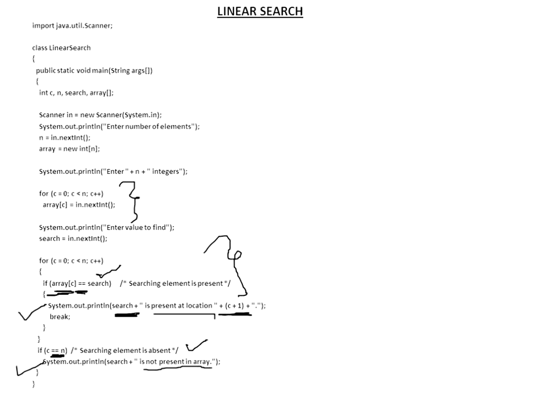If C is equal to N, searching element is absent. And if array C is equal to search, then searching element is present. Is it clear? Or should I explain it step by step again? Clear.